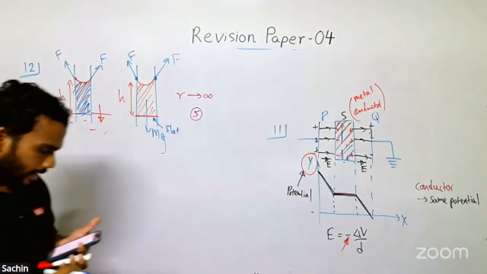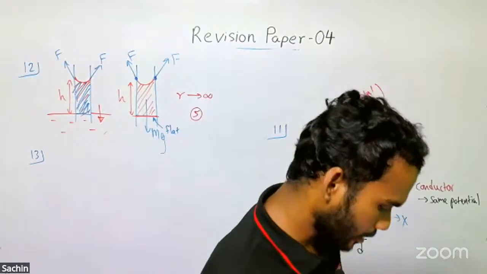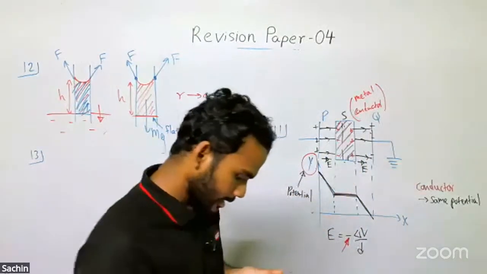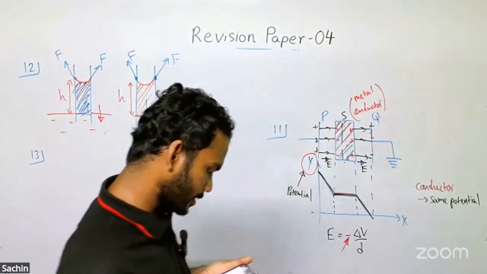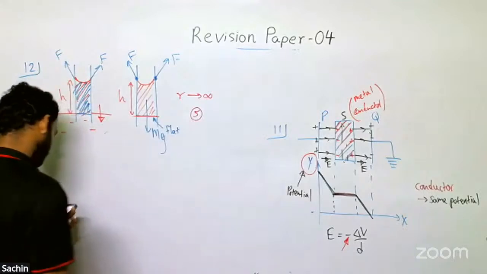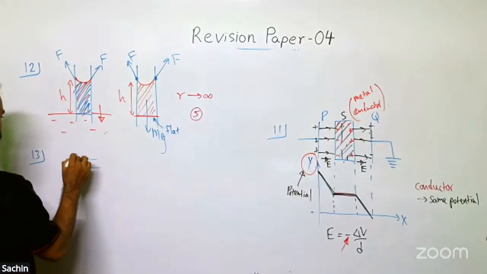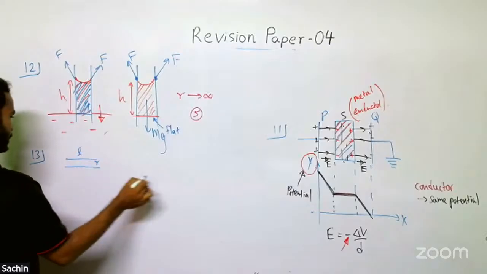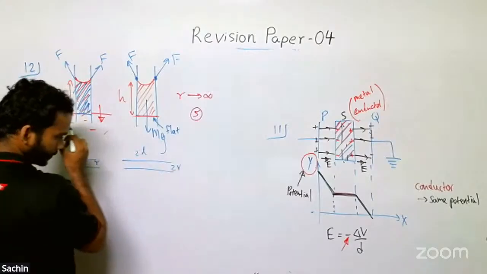A rotating tube of length L and radius R is connected to another tube of length 2L and radius 2R. A steady flow of air is flowing through the tube. The ratio of pressure difference across the first tube to that of the second tube would be. Okay, a comparison, right? So for the first one, the length is L, the radius is R. For the second one, the length is 2L, the radius is 2R.